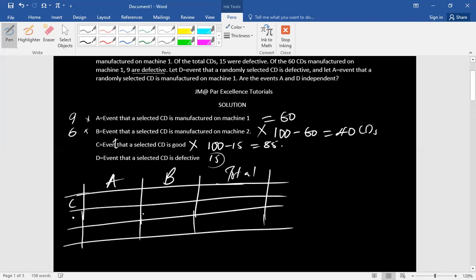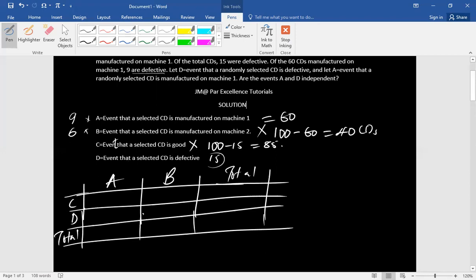Then this is event C, this is event D, and then also we can have the total. So event A is a selected CD manufactured on machine 1. For machine 1, the total is 60. Now we have event C and event D.